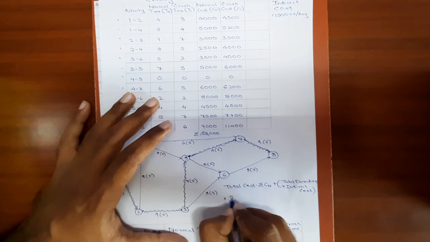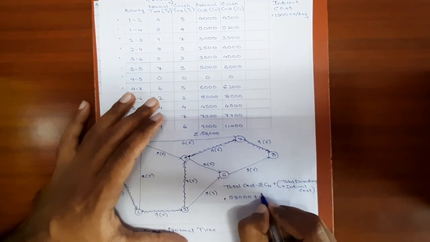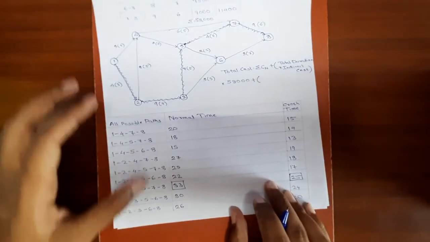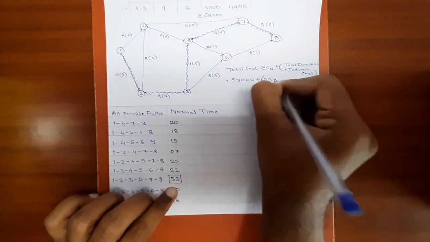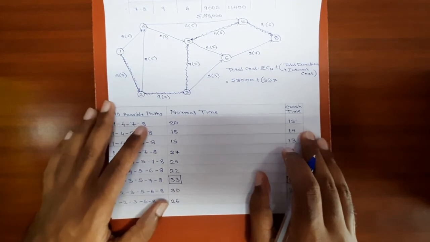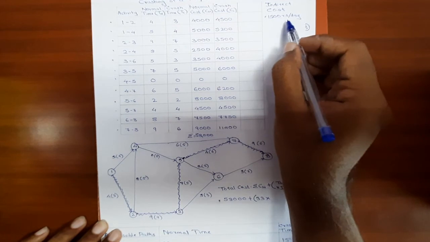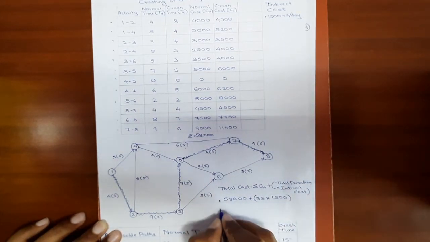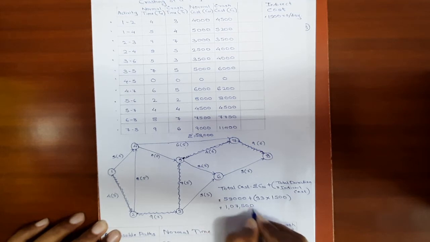So the total cost will be 58,000 plus the total duration we got here, 33 days. 33 into the indirect cost per day provided in the given data of the numerical, which is 1,500 rupees per day. So the total cost of the project comes out to be 1,07,500.